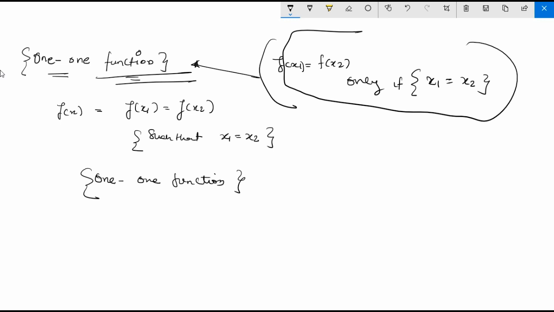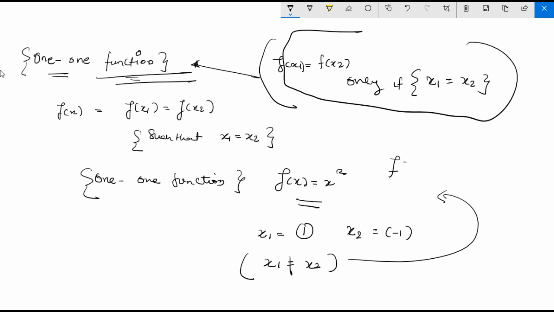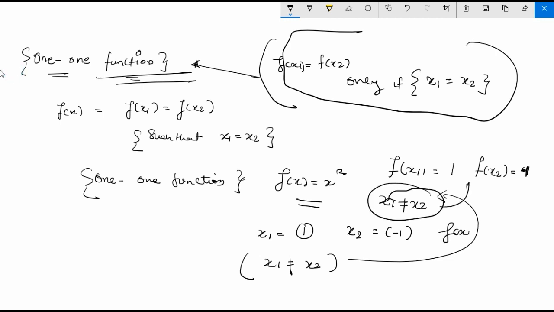So if I have a function like f of x equal to x square, and if I take my x1 equal to 1 and my x2 equal to -1, then I see that my x1 is not equal to x2, but still if I find my f of x1, which is equal to 1, and my f of x2 equal to 1, so in the case where my x1 is not equal to x2, still in that case my f of x1 equal to f of x2.